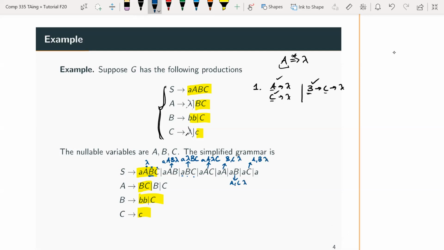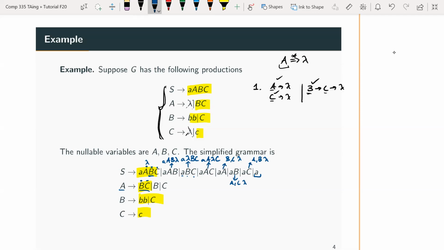That's for two variables. And then if I replace A, B, and C all by lambda, that's why I just get an A. So the whole point here is I'm accounting for the lambda production by considering all the possible combinations of if I were to actually use that lambda production.